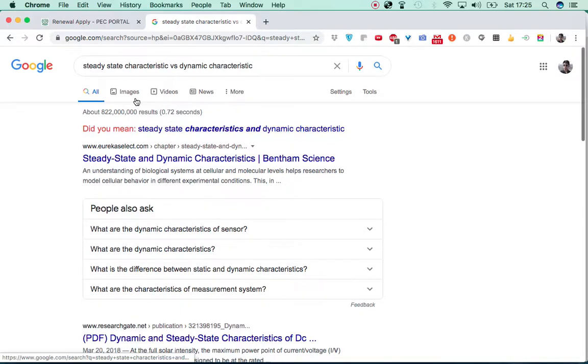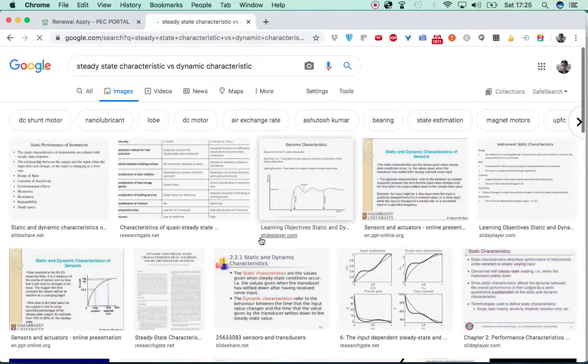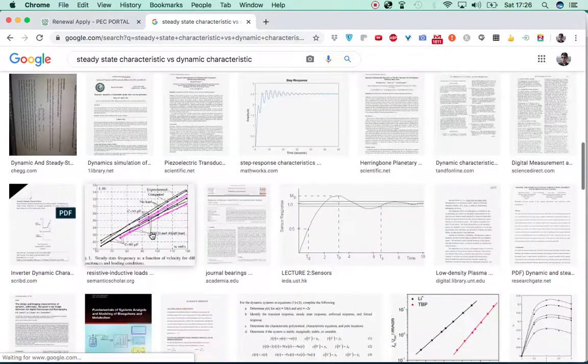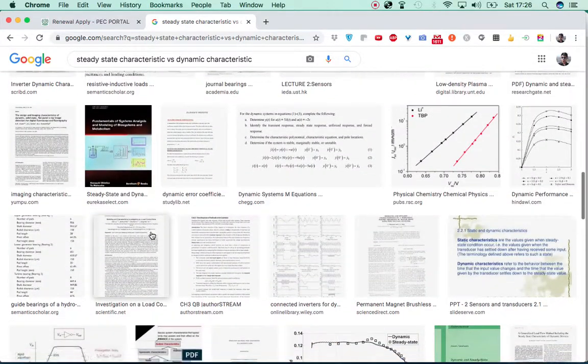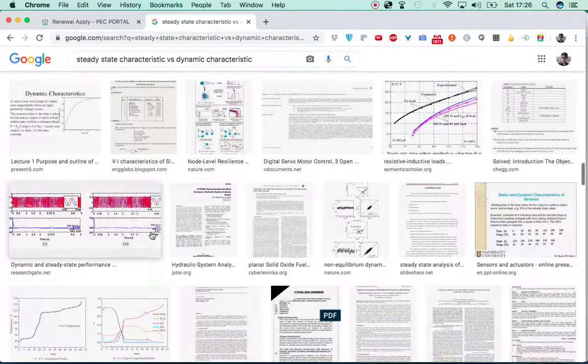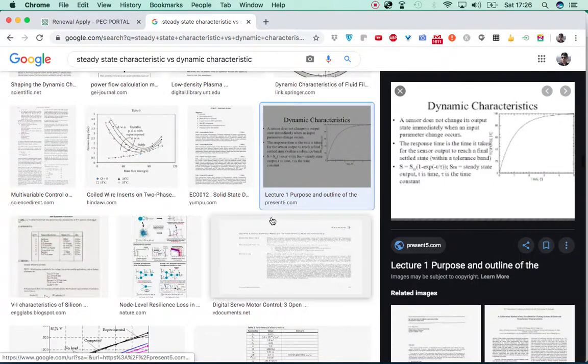Okay, so we have some images here, and we can see a simple image which translates diagrammatically, in a simplified manner, what a steady state and a dynamic characteristic are.